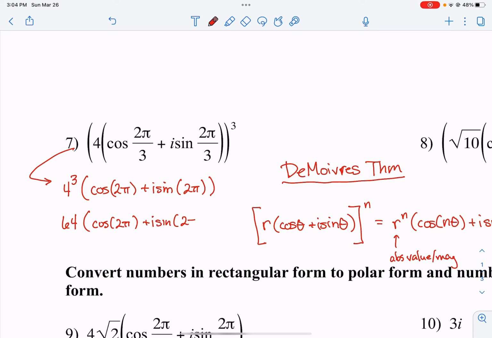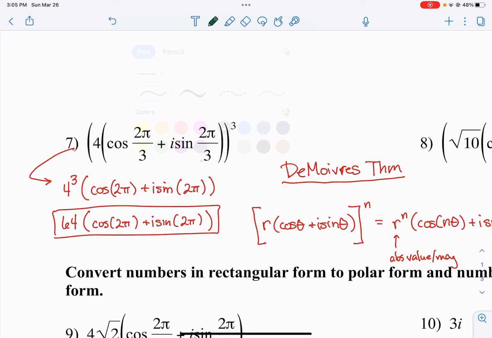Nice. Now, if you really wanted to, you could very easily figure out the rectangular form. Technically the instructions are asking you to box this. But you could pretty easily figure out that cosine of 2 pi turns into 1, and sine of 2 pi is 0. So really, this is equal to 64. It's actually equal to the number 64 in rectangular form.